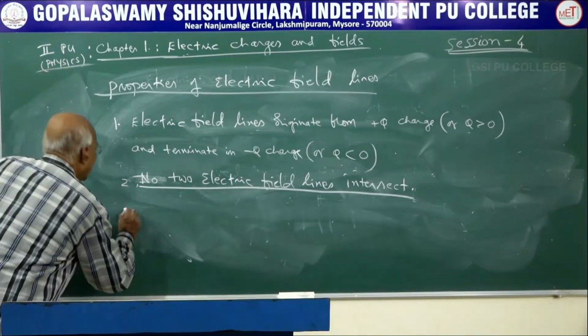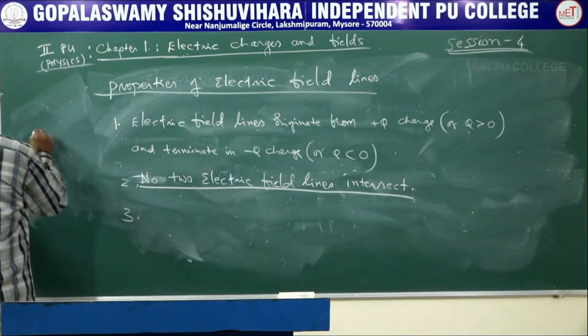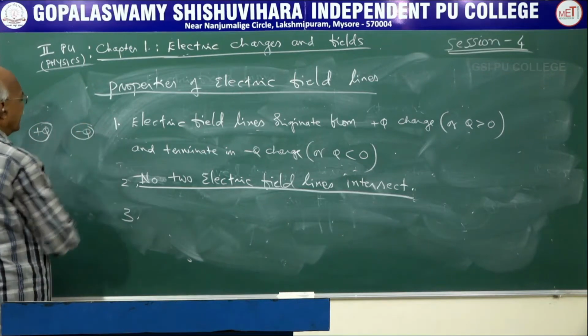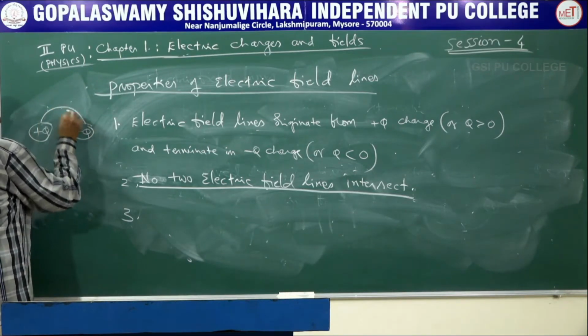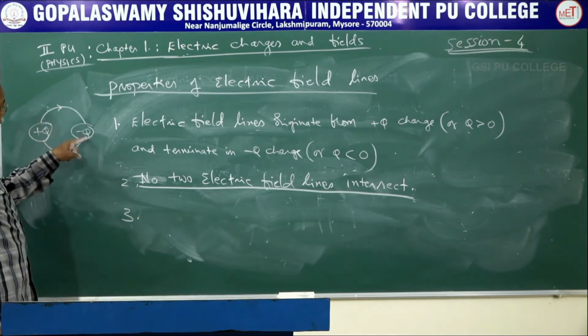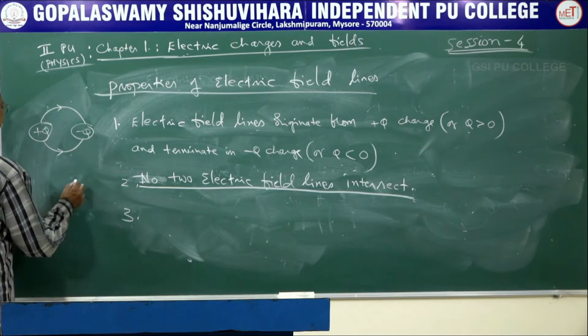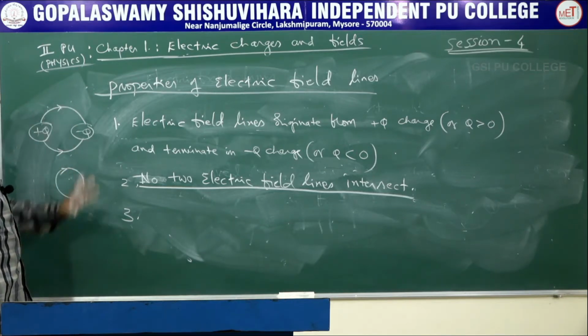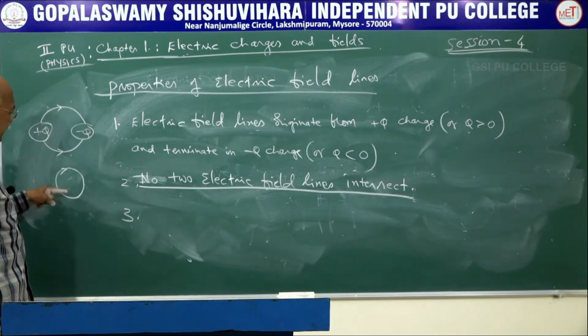Now the third important thing is, if you have a plus Q charge here and a minus Q charge here, in all the cases this is how the diagram forms. So from plus Q charge it goes to the minus Q charge. It is impossible to have a closed loop in case of charges. In case of magnetism, we'll write that it is possible to have a closed loop.